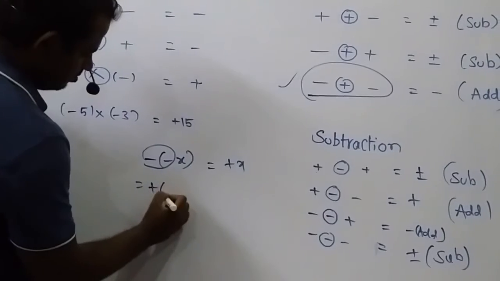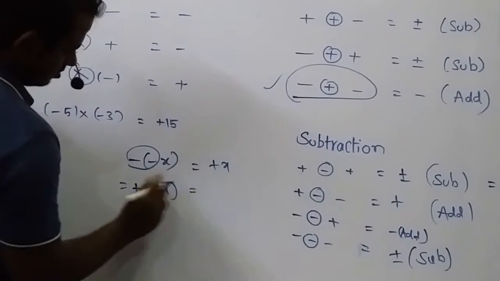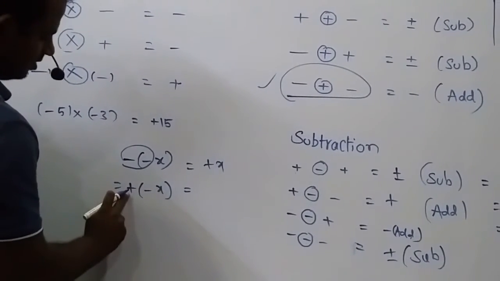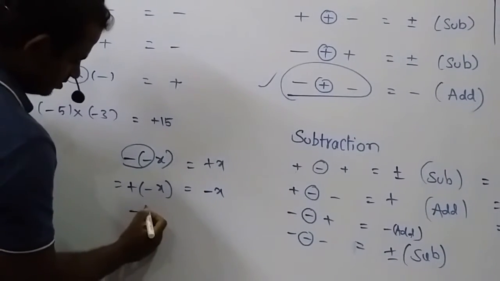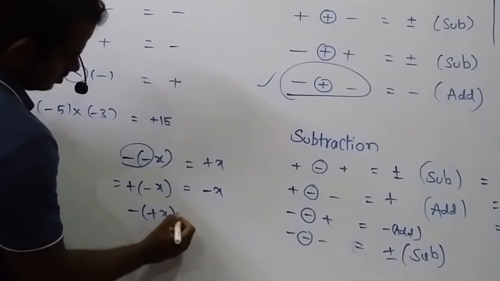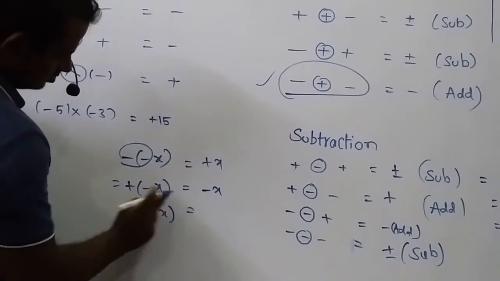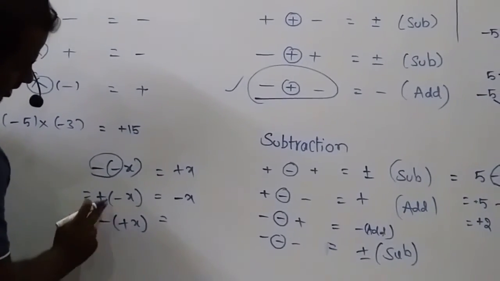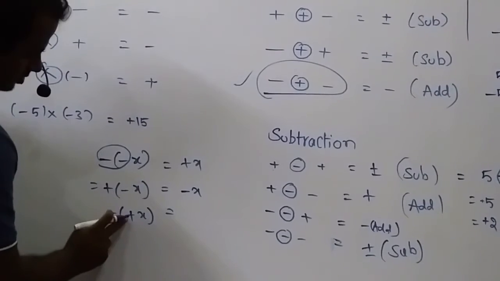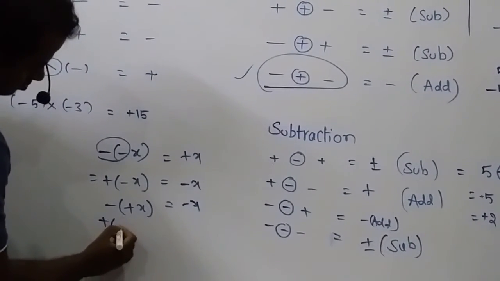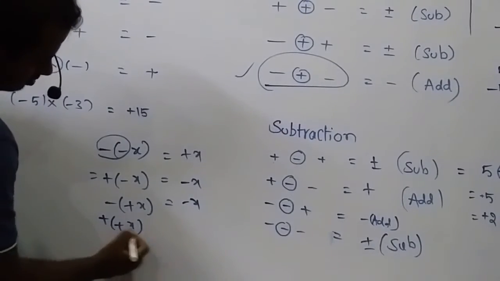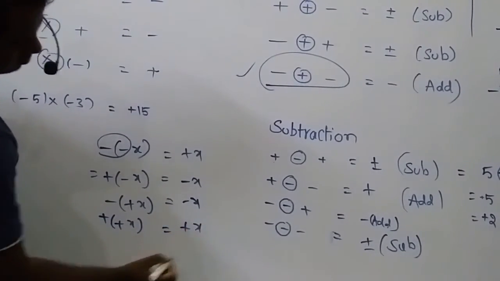In case of plus into minus x, or minus into plus, if we multiply a positive sign with a negative, we will get negative, minus x. In multiplication, if one number is negative and one is positive, then the result will be negative. So plus into plus is plus.